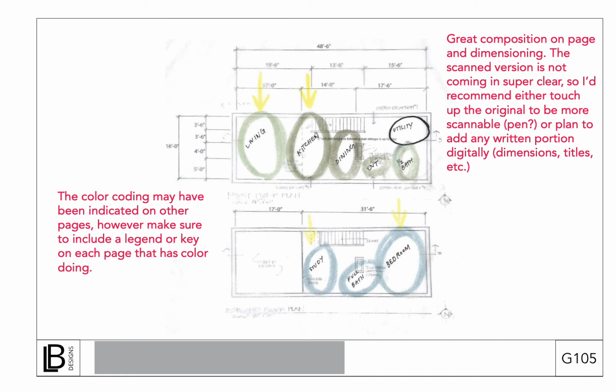Because when you scan, or when you zoom in and look at the scan, a lot of where the fuzziness is happening is in the dimensions or the numbers, or even the labels at the bottom. So if that's something you're finding applies to your drawings, go ahead and just save those areas to put in digitally. That's totally fine.